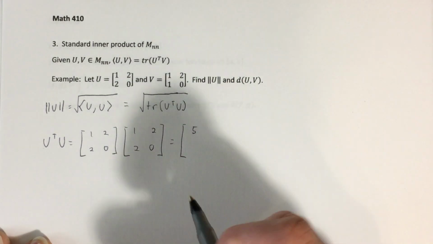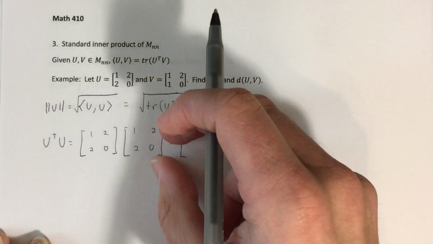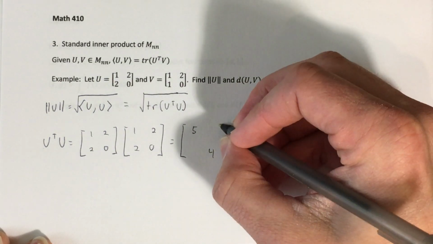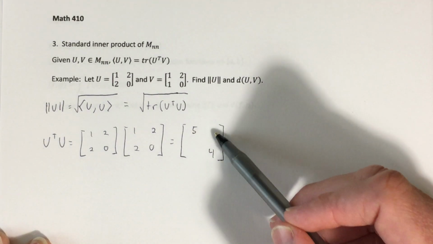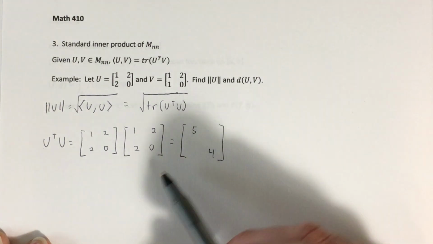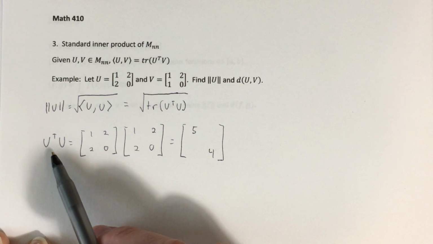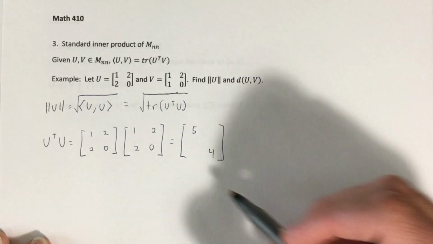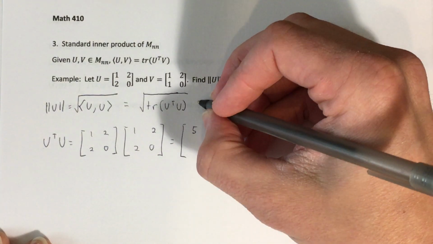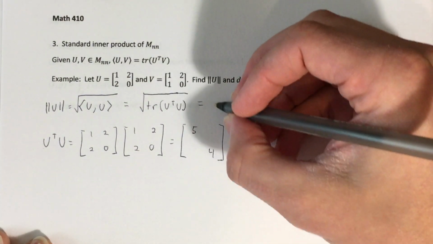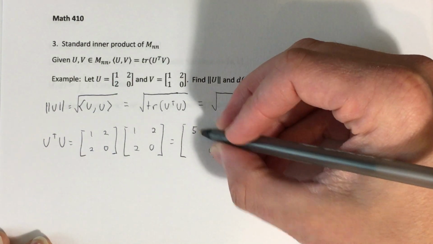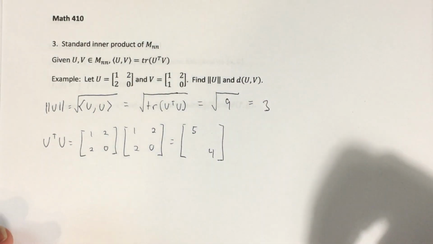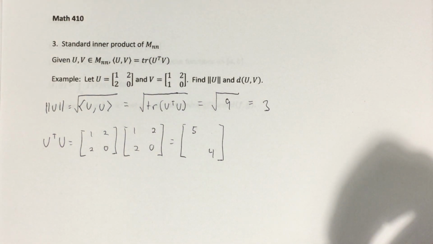And then I'm actually going to just get this entry down here. That's going to be 2 times 2 is 4, plus 0 is 4. Now, you notice I didn't bother getting these entries because I just need the trace of this. The trace is just the sum of the main diagonal entries. I could easily get these two values, but they don't matter. It's just the main diagonal that matters. So this becomes the square root of 5 plus 4, which is 9. And I get a norm of 3 for that matrix U.